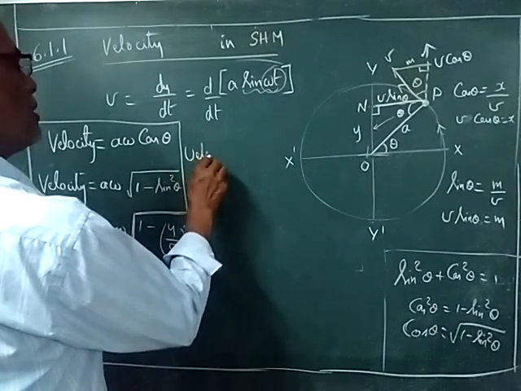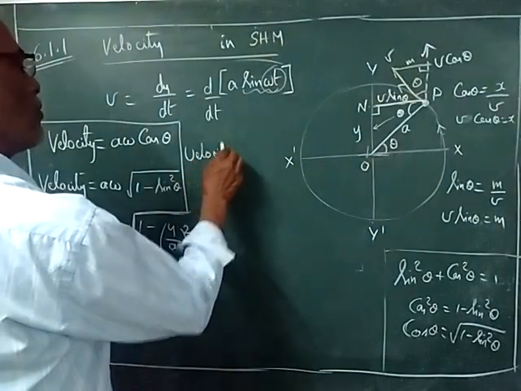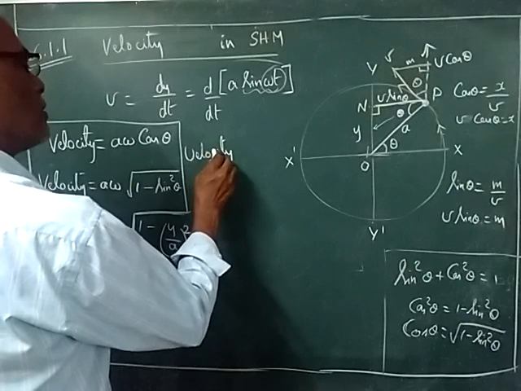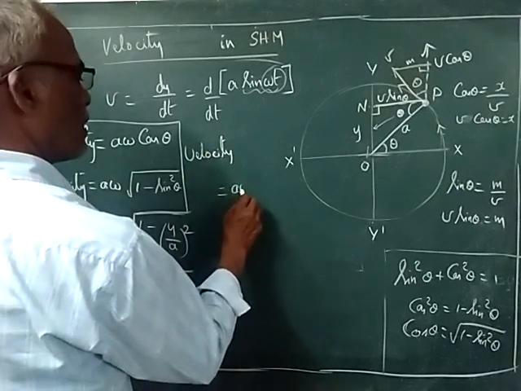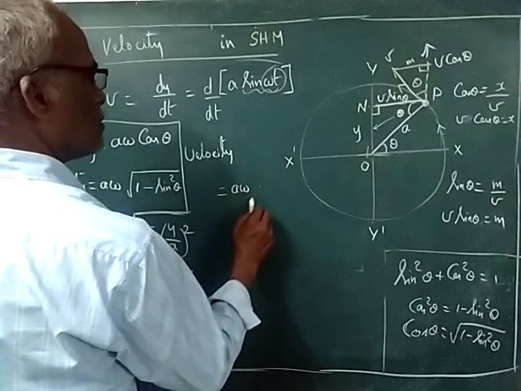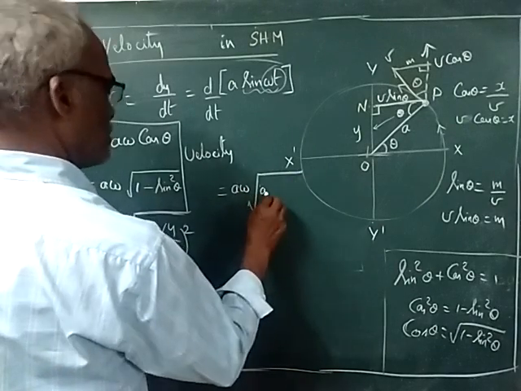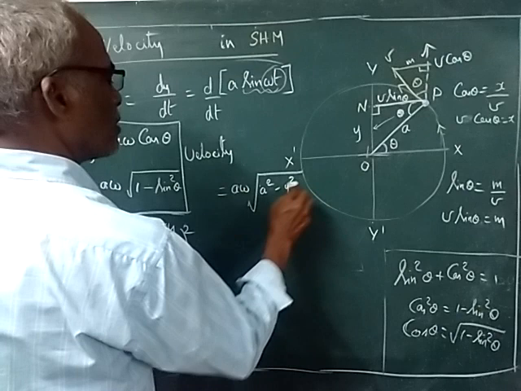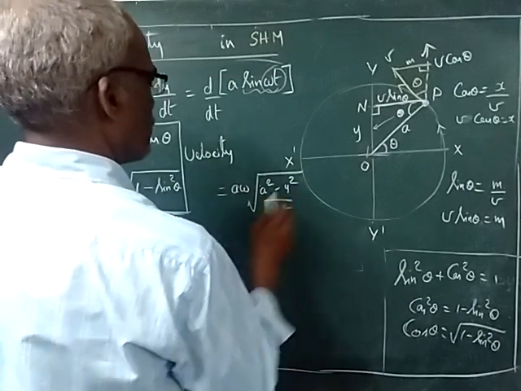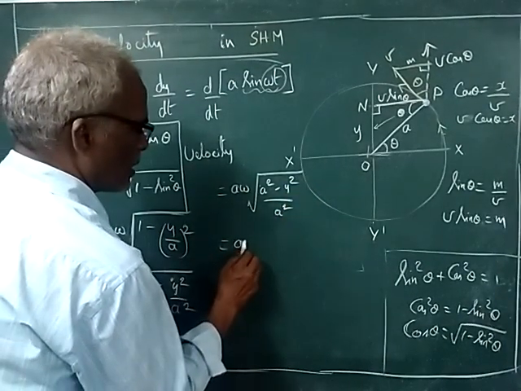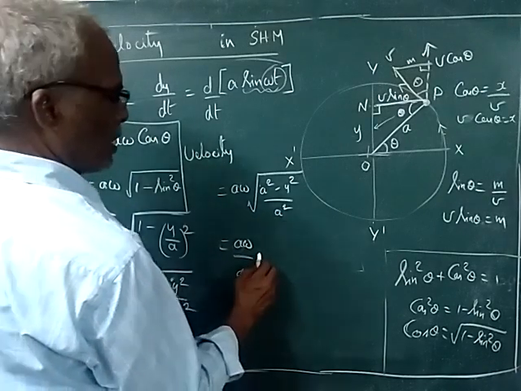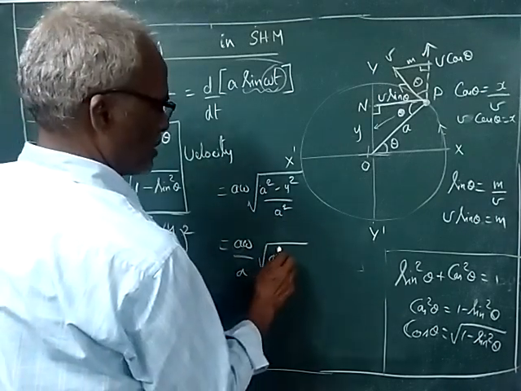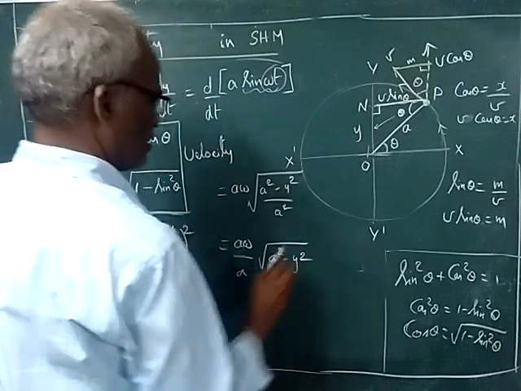So velocity is equal to a omega square root of a square minus y square by a square. Now a omega, the square root of a square is a, and inside the root we will be having a square minus y square. This is the velocity.